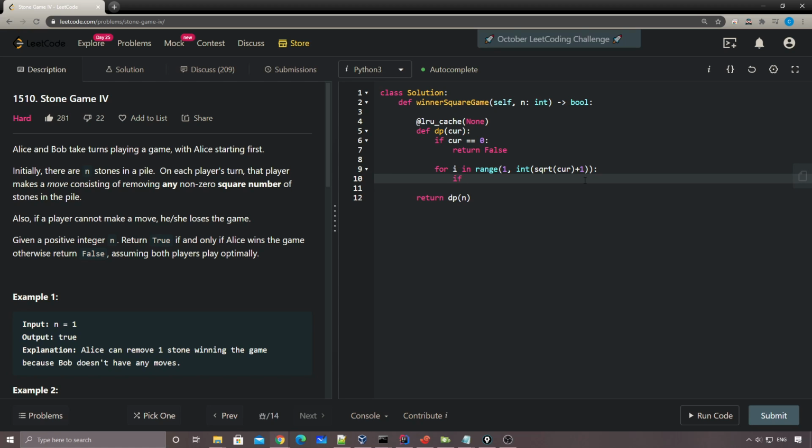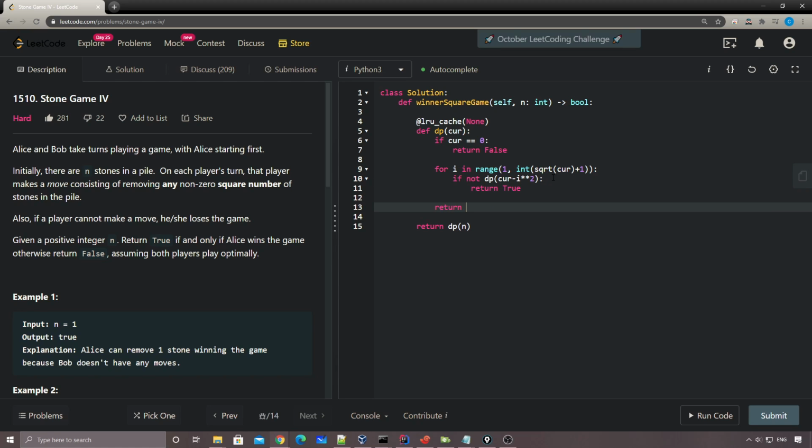Among all those possibilities, as long as there is a dp after taking this i, with current minus i squared as the remaining stones, that makes the other person lose, we will go in that direction, which means we found a winning strategy, and we return true here.